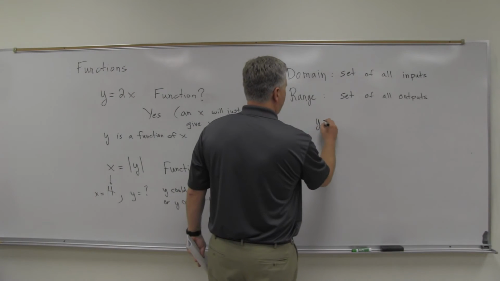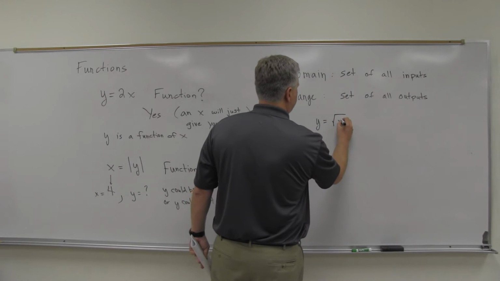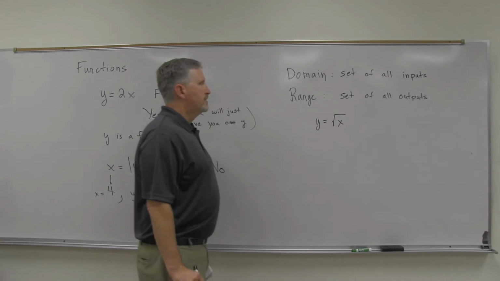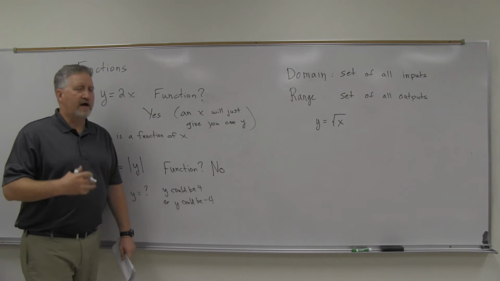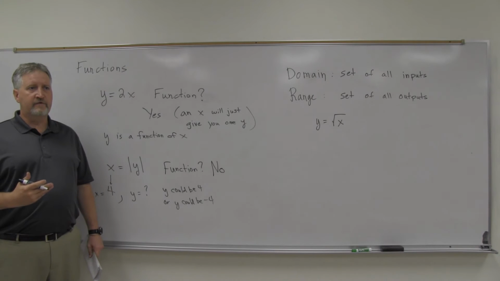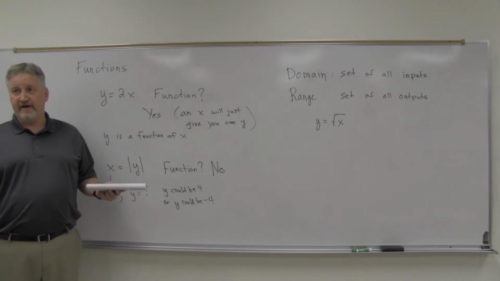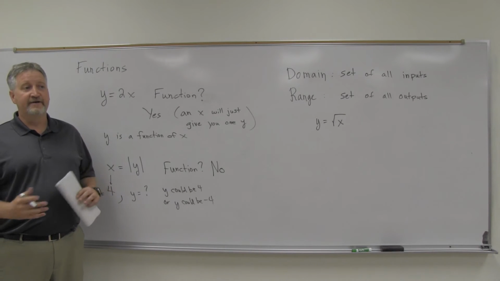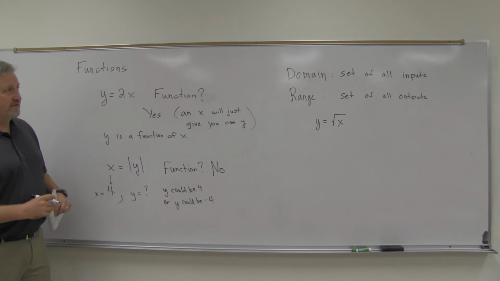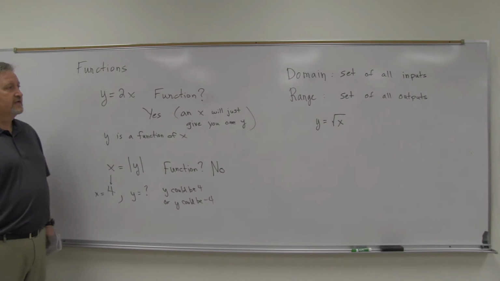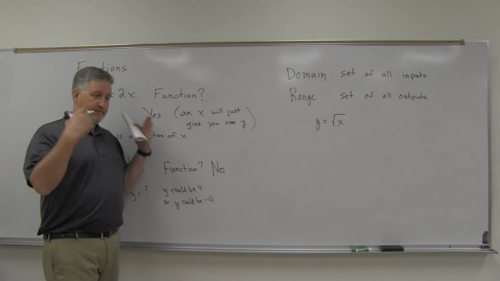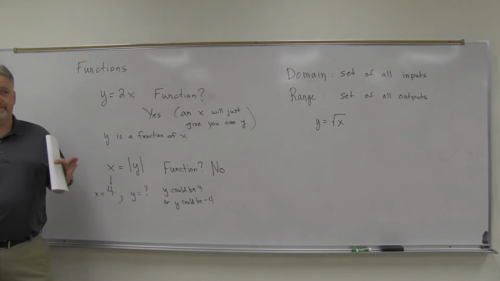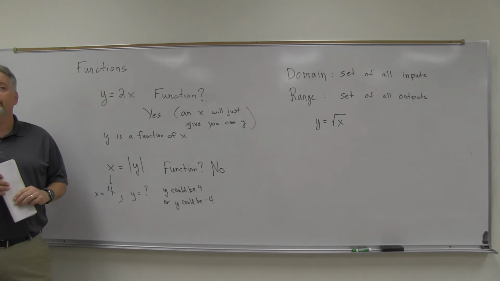All right, so let's say we've got y equals the square root of x. The domain being what I can put in for x, and I'm talking about real values. We're not going to go into complex values for these. If both numbers have to be real numbers, doesn't that limit what my x can be here?